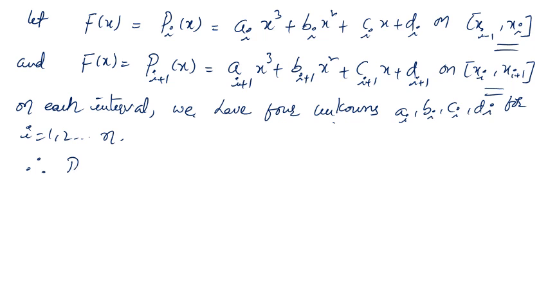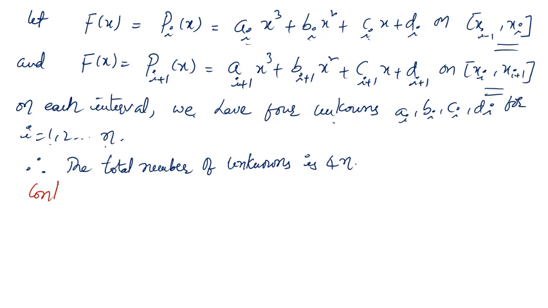Therefore, what is the total number of unknowns? Here i from 1 to n means n intervals, and for each there are 4 unknowns: 1, 2, 3, 4. So 4n unknowns are there in total. Okay.